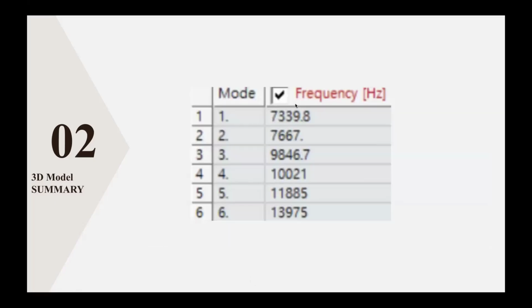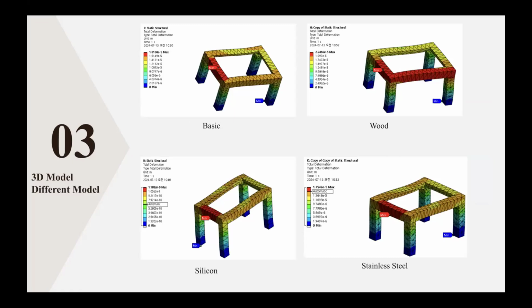So this is the result of the frequency of the basic model with the dynamic analysis. And this is the 3D model with different materials. As you can see here, the basic model, the structural steel, silicon and stainless steel are similar. But when you see the wood model, you can see the red region is much bigger than the others.